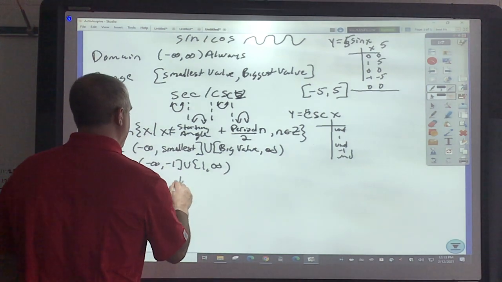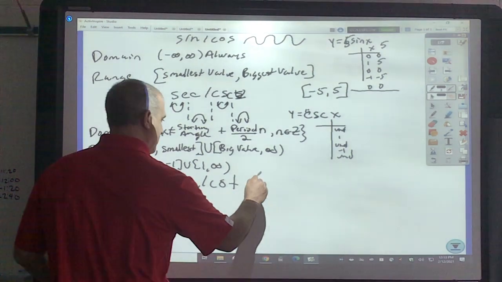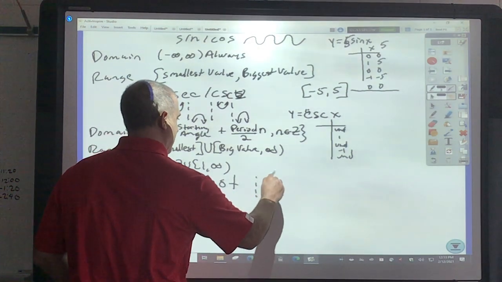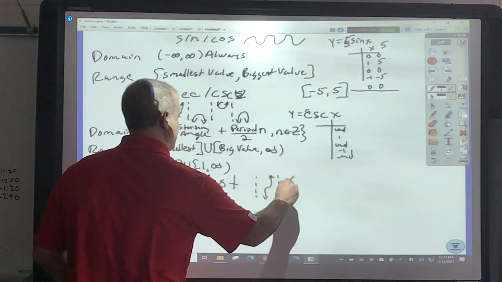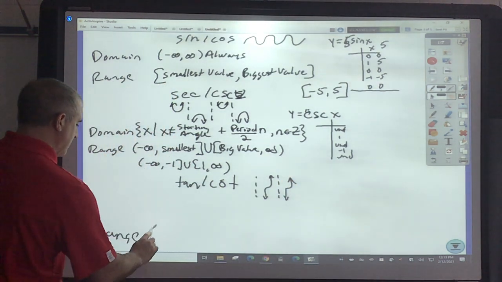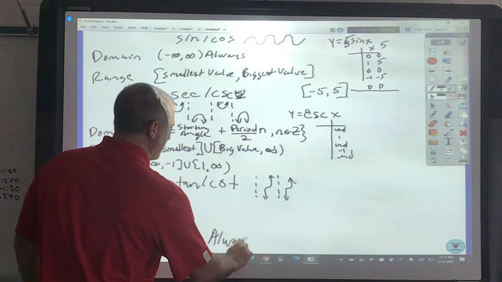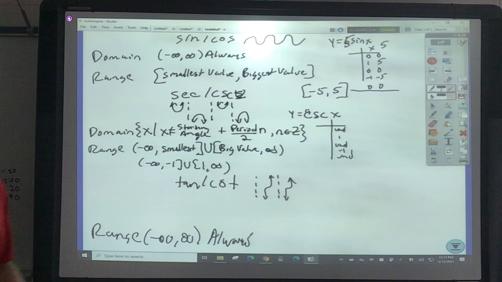For tan and cotan, remember, these graphs are the ones with the asymptotes. I'll just do tangent real quick. Tangent looks like that. The range is the easy part: negative infinity to infinity. That will always be, because it's basically like the cubic function, it just goes vertical.